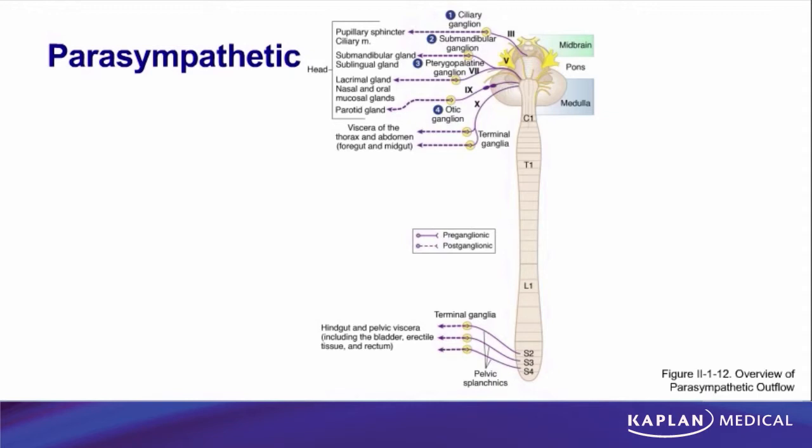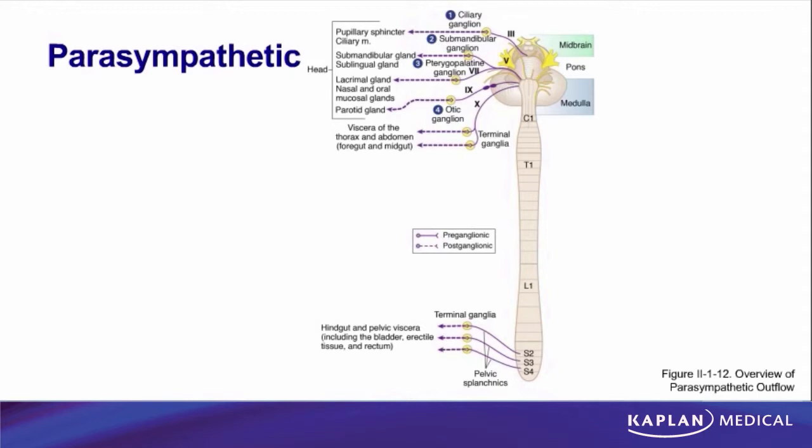Chest wall, abdominal wall, upper limb, lower limb, none of it gets any parasympathetic innervation. The total distribution of parasympathetics is to viscera in the thorax, viscera in the abdomen and pelvis, and some of the viscera in the head. And that's it. Okay? So that's what we have to get to.